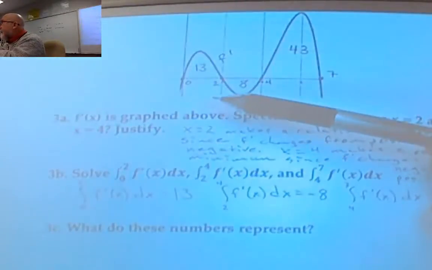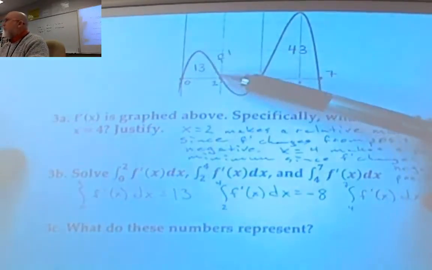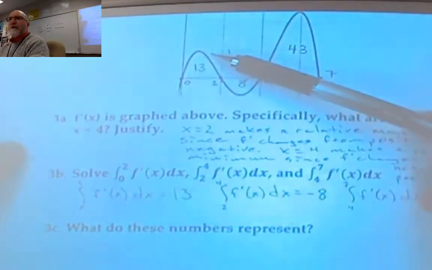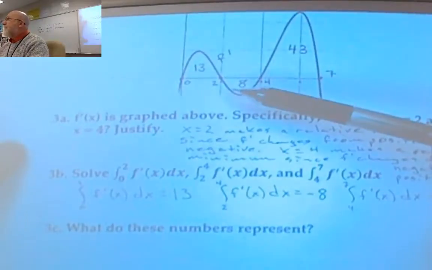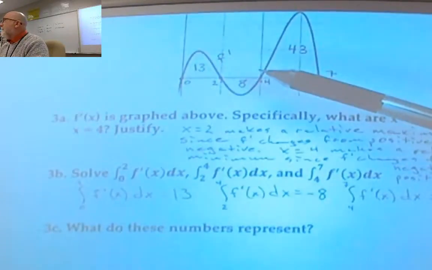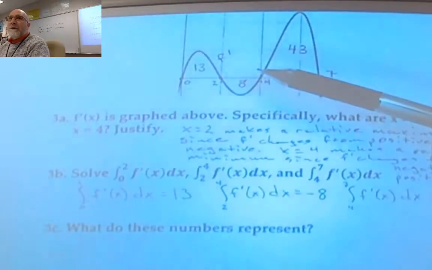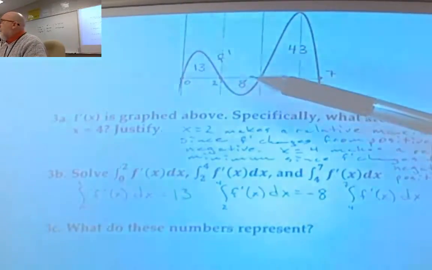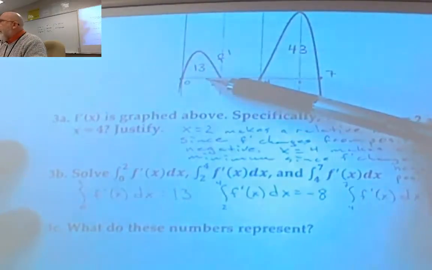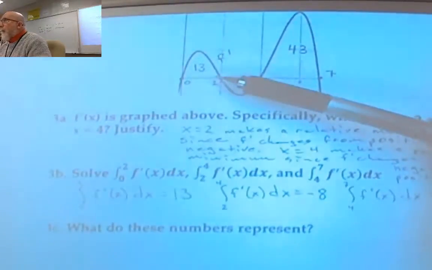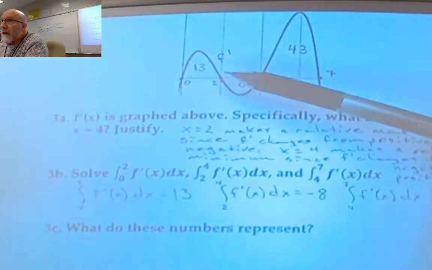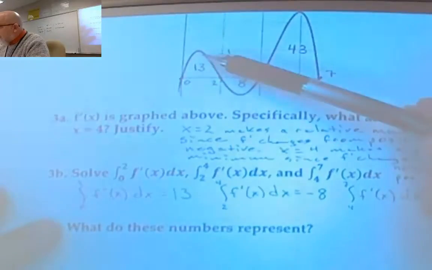Everybody got that? f increases to 2. Do I know how much it increased? Anybody have a guess on how much it increased? 13. This is the amount of increase that f went up, that the y value went up, because f creates y values, correct? This is how far up it went.